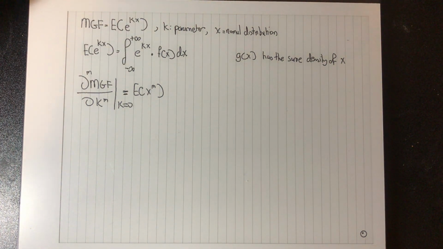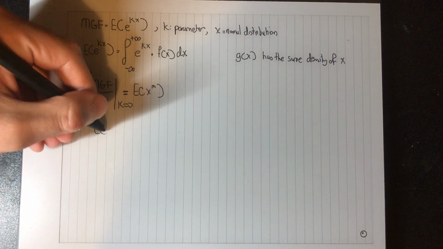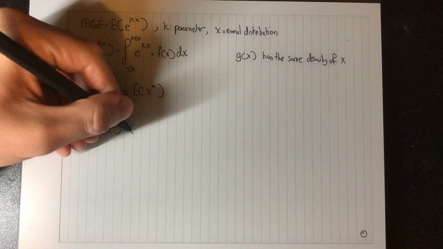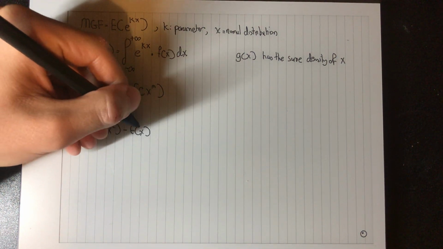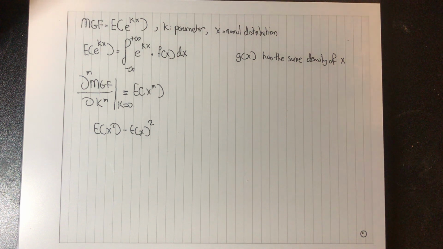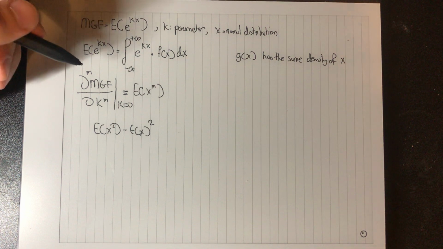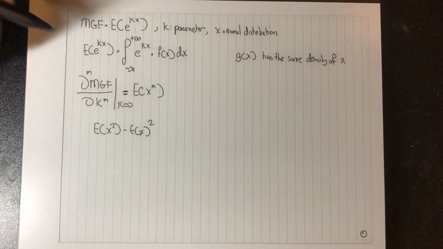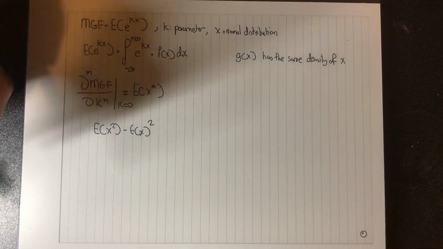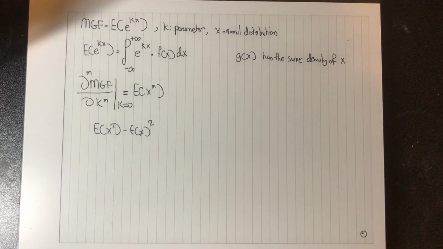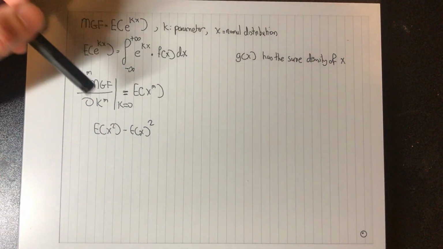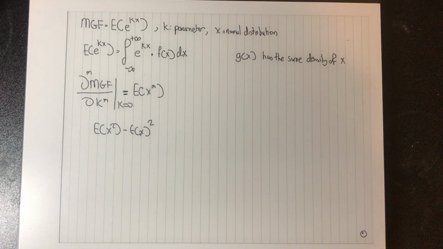And if you want to figure out, for example, the variance, well, we know that the variance is equal to the expectation of x squared minus the expectation of x, all squared. So what we'd have to do is take the expectation of x squared and take integrals of that in order to be able to figure out the variance, etc. This could also be assumed if you would like to find the skewness or the kurtosis of a distribution. So that's what we would generally do.